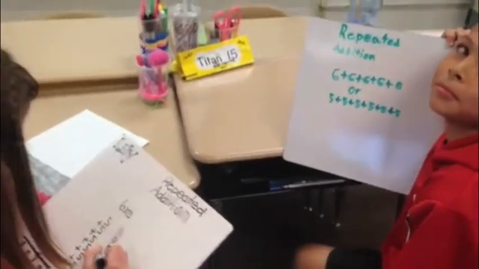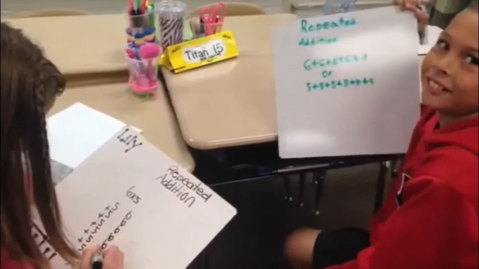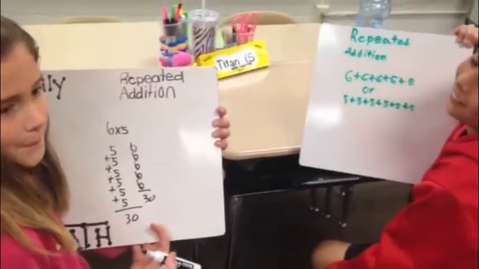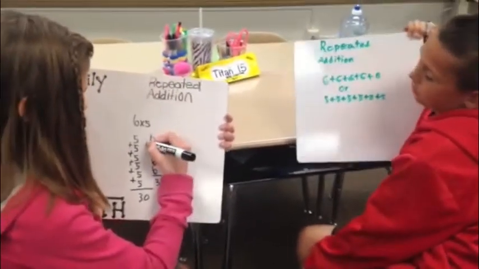So what did you get for the answer? 30. And there's 2 ways to do it, huh? Thank you.